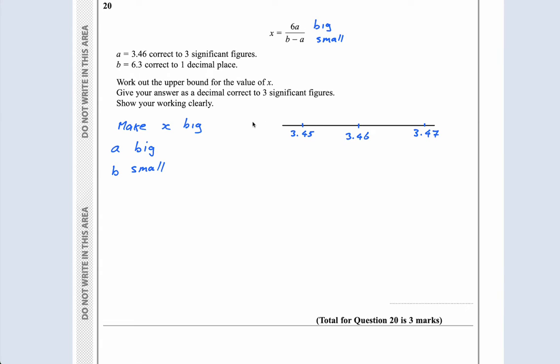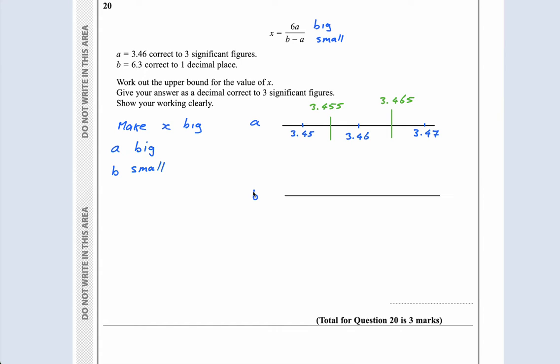This is A. Now let's do both upper and lower bounds. So the upper bound is 3.465, and the lower bound, which is the middle of these two, that's how I'm doing it, is 3.455. Okay, that's A.